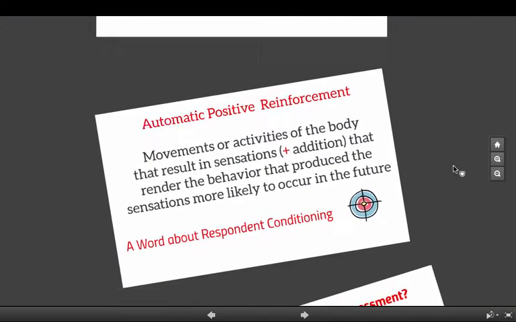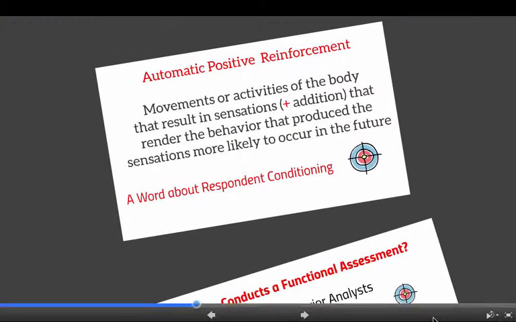Another category is what's referred to as automatic positive reinforcement. And that means the movements or activities of the body that result in sensations that are desired. So here we have the addition of something. However, keep in mind that the term automatic means that another person's not involved. This is not socially mediated. So this comes with automaticity.